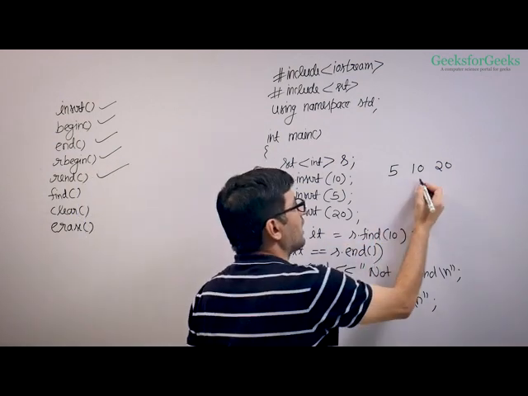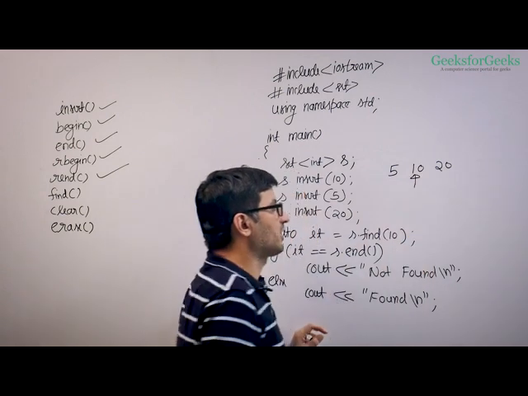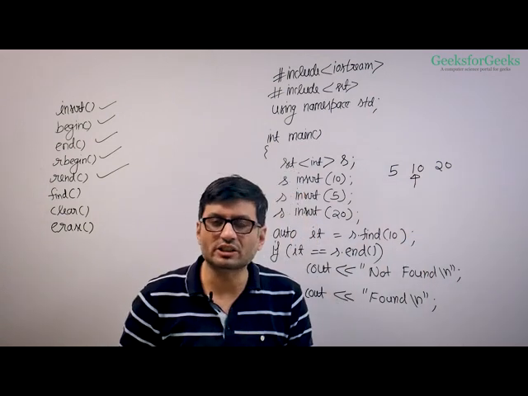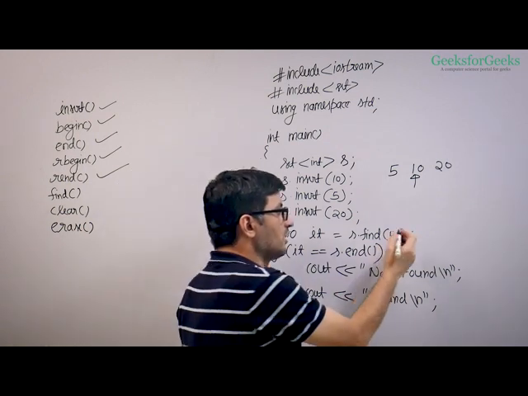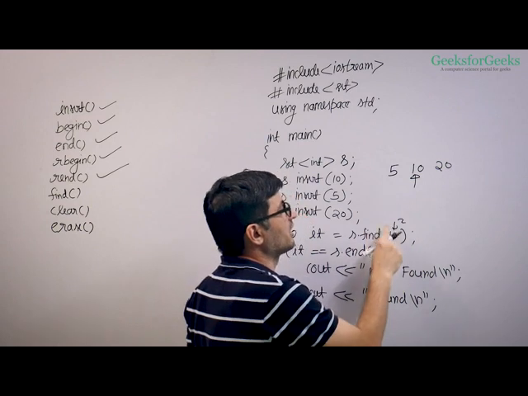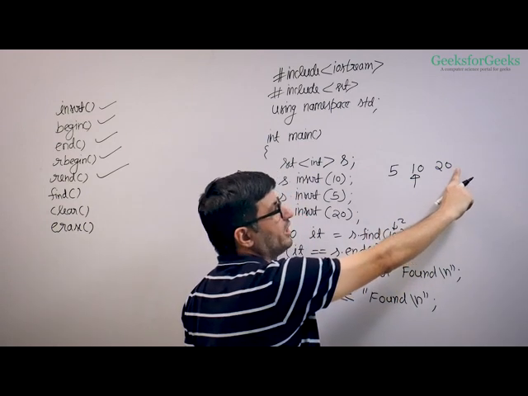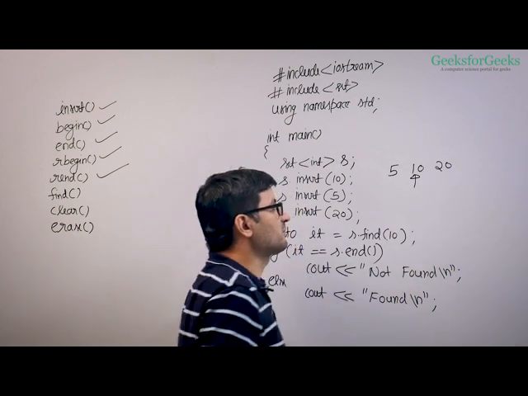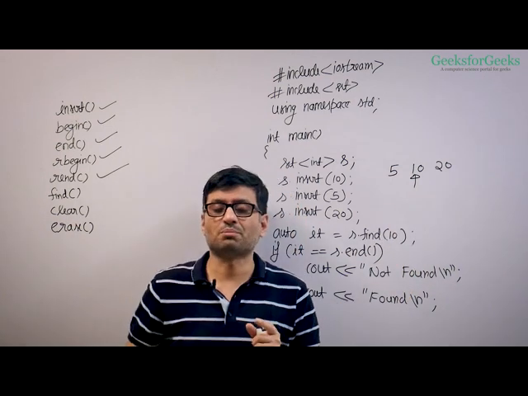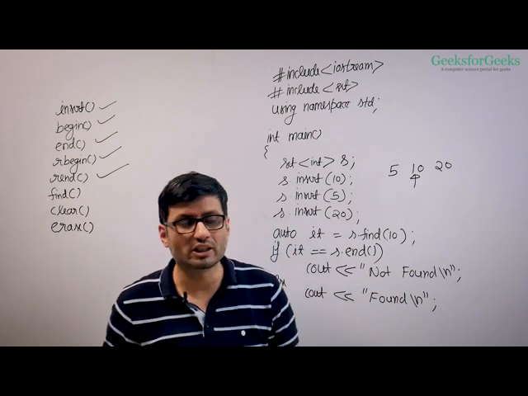So it will return an iterator to this element, the address of this element. Now suppose I search for something which is not present, for example 2. If I pass 2 here, then it will return an iterator to the end to indicate that the element is not present. Please remember, end is a special iterator which points to an element beyond the last element.